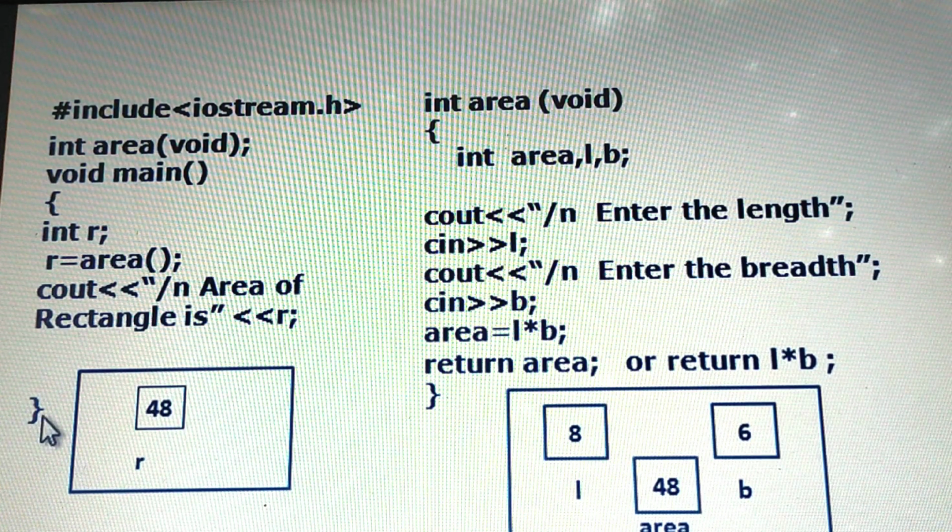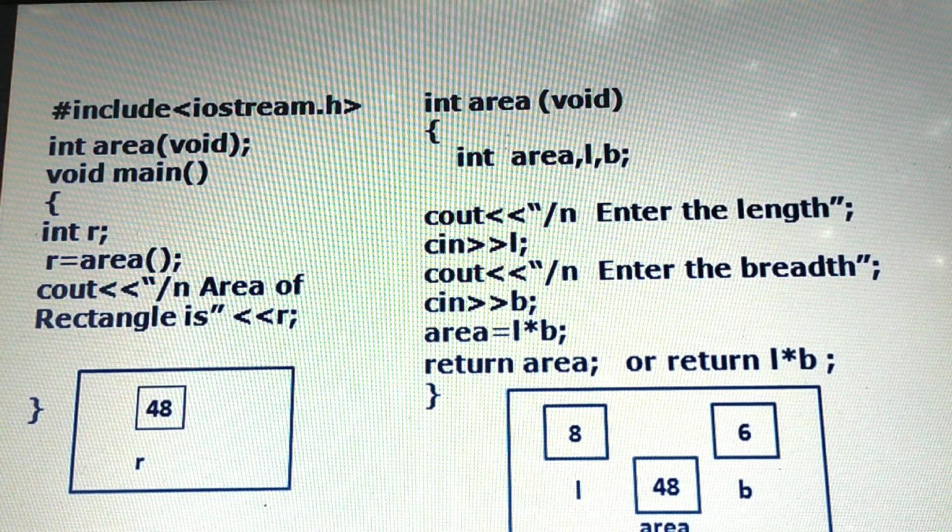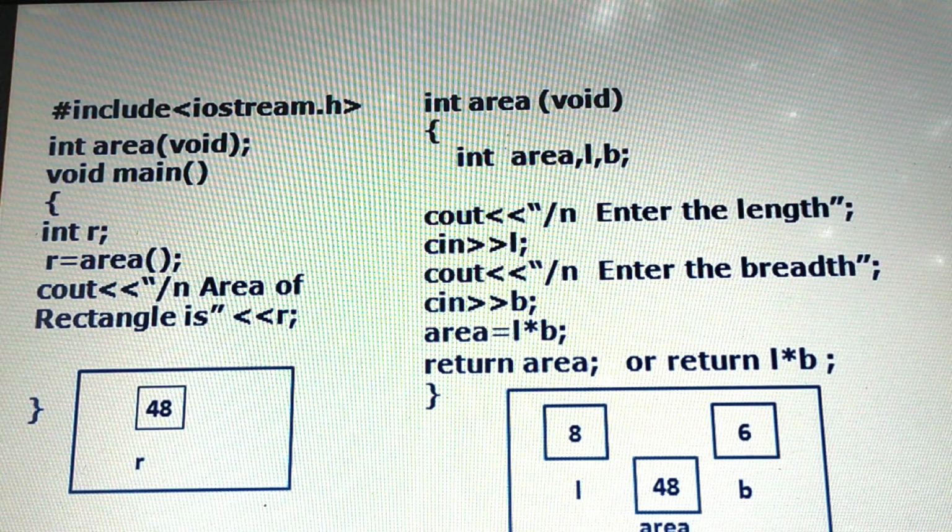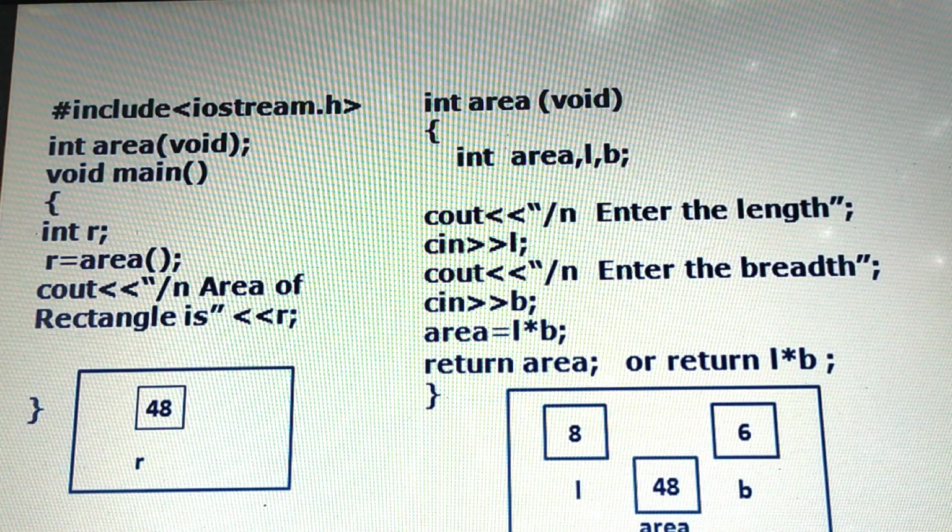Then the program is closed with the closing bracket. Okay, in such a way we can implement the second type of function, without argument but with the returning value. We have written the program for the area of a rectangle using the second type of function. Okay, is it clear now how to write it?